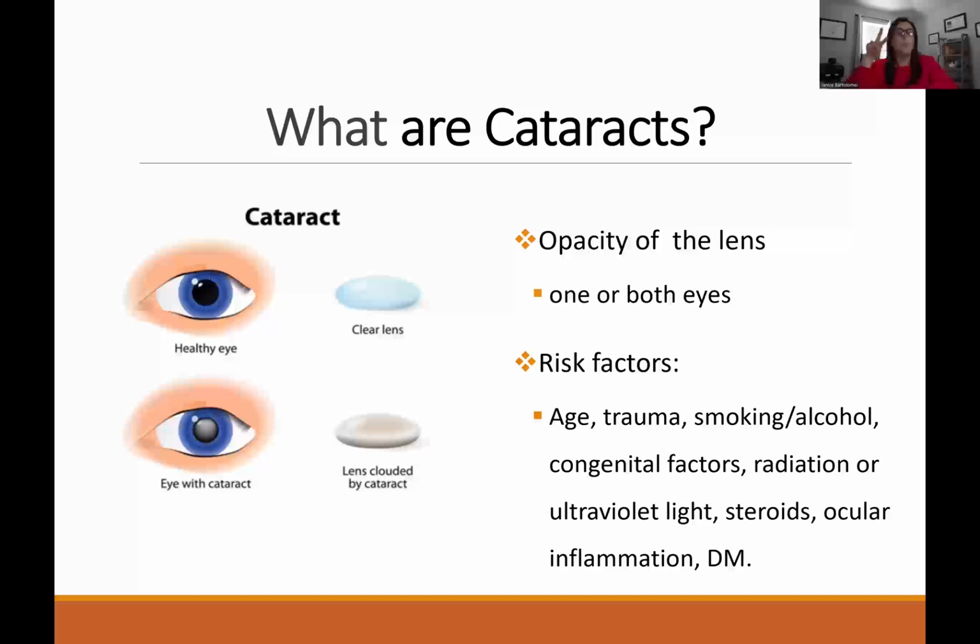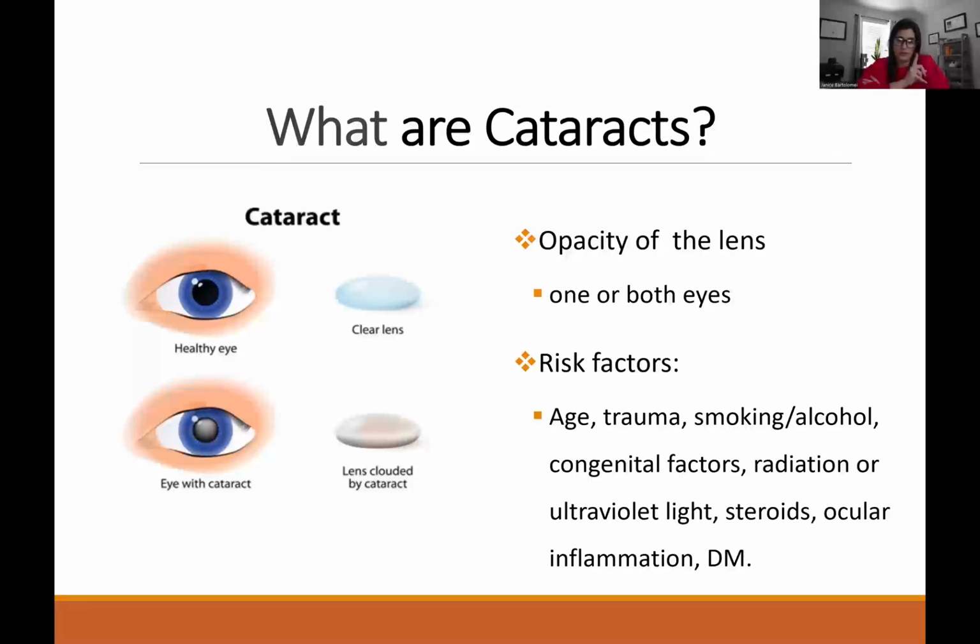It could happen in one or both eyes, so unilaterally or bilaterally. The risk factors are simply age, smoking, alcohol, sometimes being diabetic, use of steroids, or if you've had trauma before. If it's that bad, you can see it with the naked eye by looking at someone's pupil.